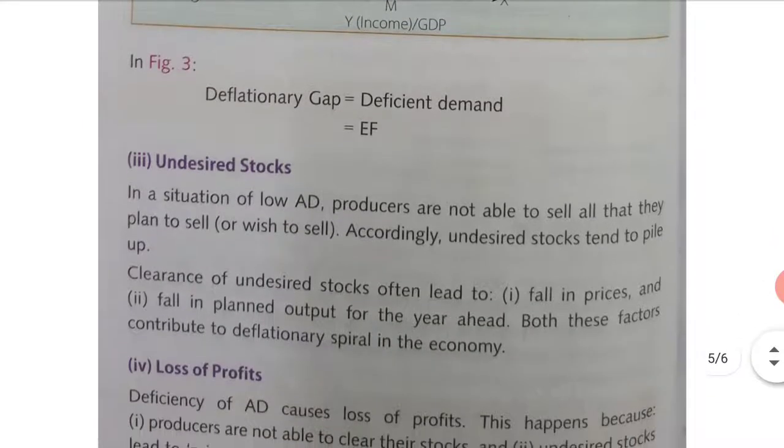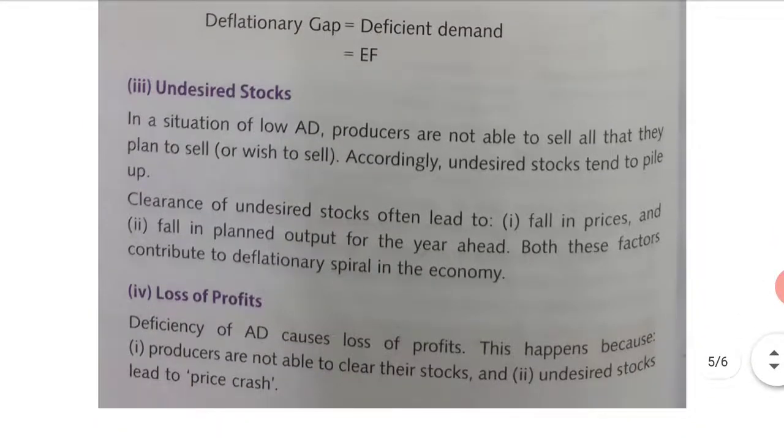Next, the third consequence due to the deficient demand is undesired stock. So as I said, if you go on producing, what will happen? If you just go on producing, the stock will be more, but there is no demand. Due to deficient demand, nobody is visiting your shop, so there will not be any demand at all.